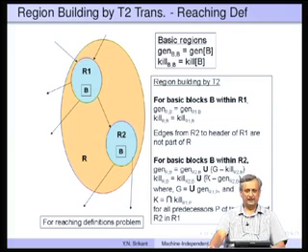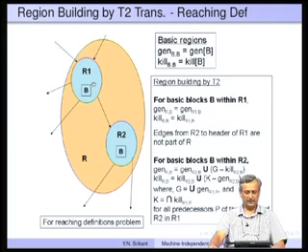When you look at reaching definitions and see how region building happens by the T2 transformation and how gen r comma b gets computed, we have two situations: one for T2 and the other for T1.